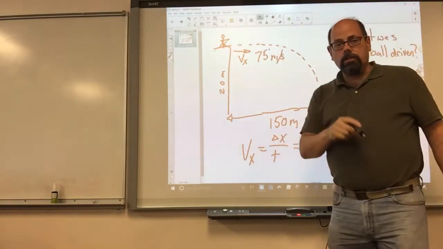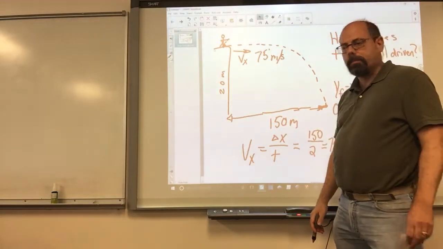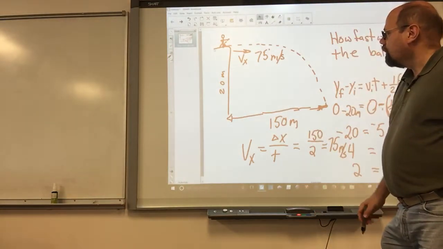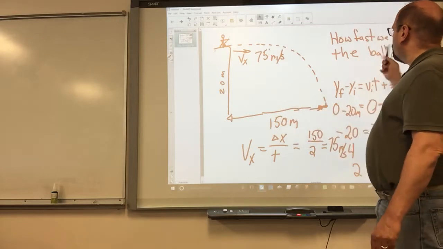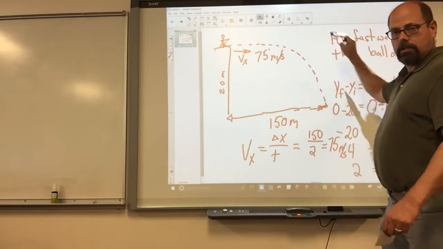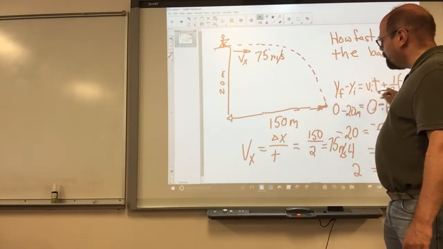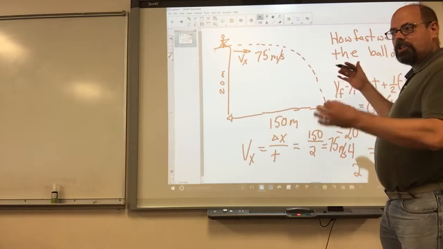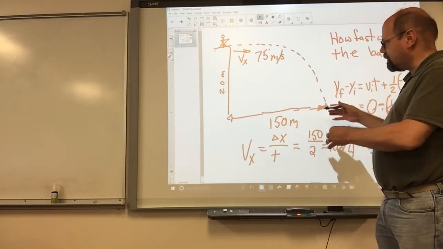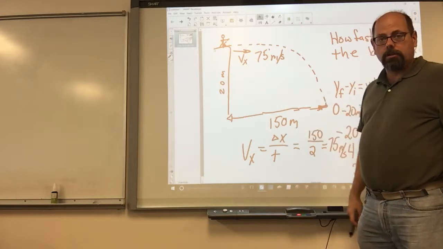So my suggestion to you when you see these problems, when you're doing free fall problems, which you're about to do some problems of that, this will be the second assignment for you, is to say, what kind of question is this? Is it an X or Y? Is it horizontal X or is it up and down Y? And if it's X, set up the problem in the Y. Figure out how much time it takes to drop that distance or change those heights, find that time and use it in the other equation.